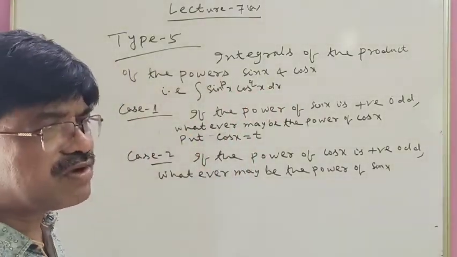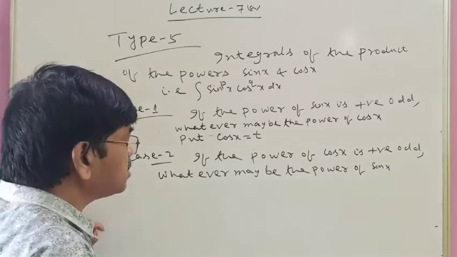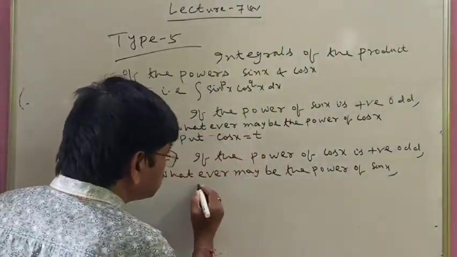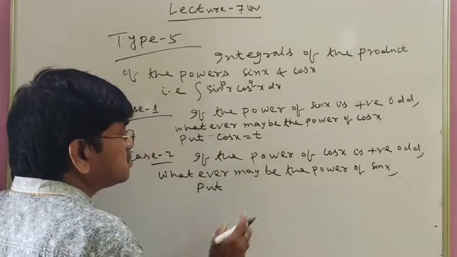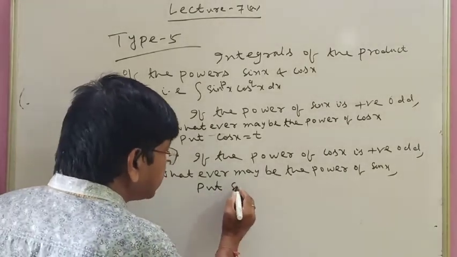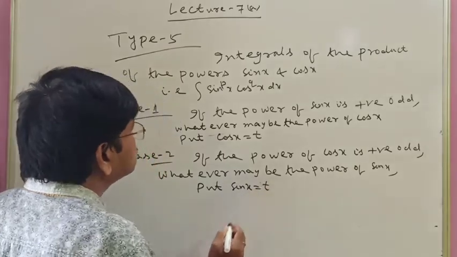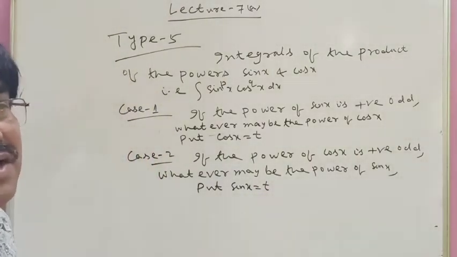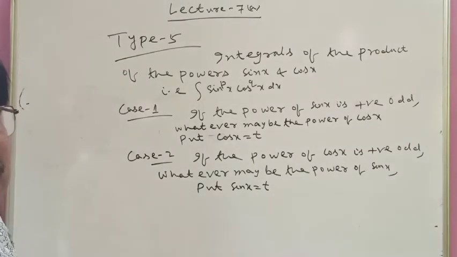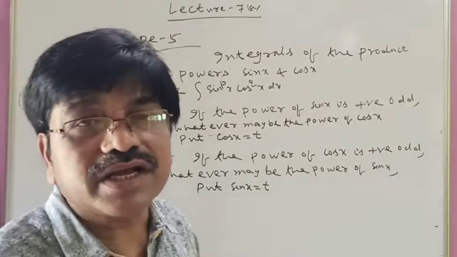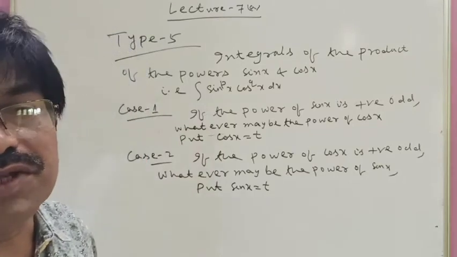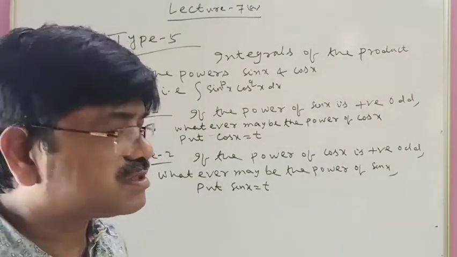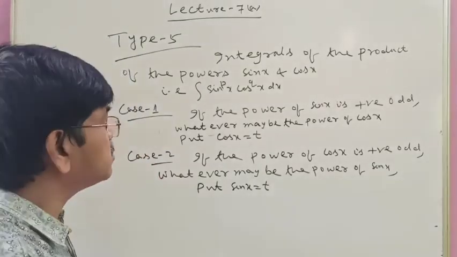Anything means it may be odd, may be even, may be fraction. So if the power of cos x is positive odd, put sin x is equal to t. We have already discussed that under type 3, the simple case, the integrals of odd powers of sin x and cos x. In that case, if the power of sin x is positive odd, put cos x is equal to t, and if the power of cos x is positive odd, put sin x is equal to t. So you recall that concept and remember this.